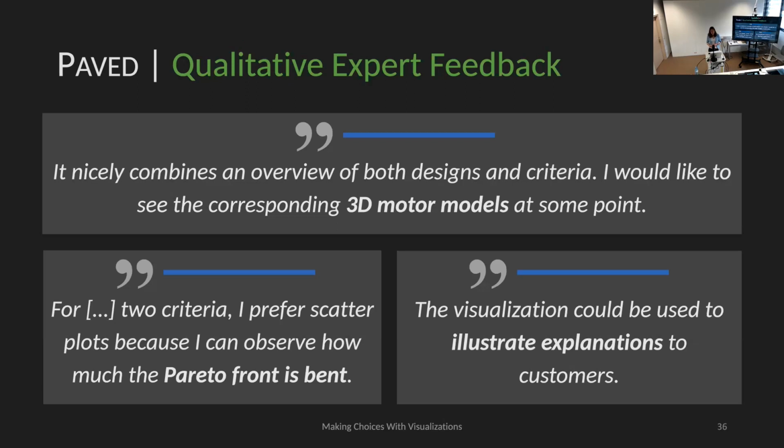And for those cases, the domain experts particularly appreciated that they could view all available design options while simultaneously observing all criteria. One of them also wished to see the underlying 3D models of the motor designs. And finally, there was one other participant who stressed that he could imagine the visualization to be used not only for the decision itself, but also for presenting it to the customer to verify the decision together with them.